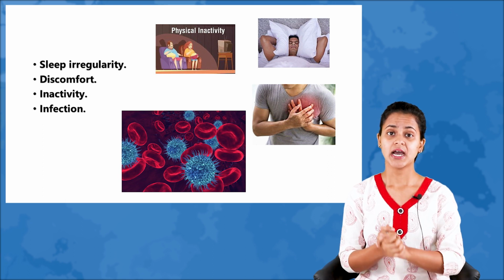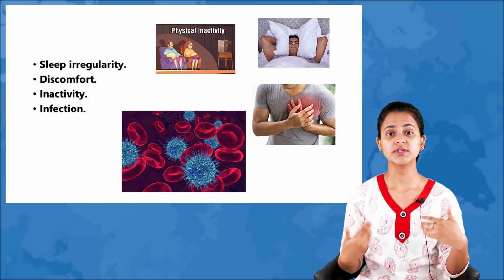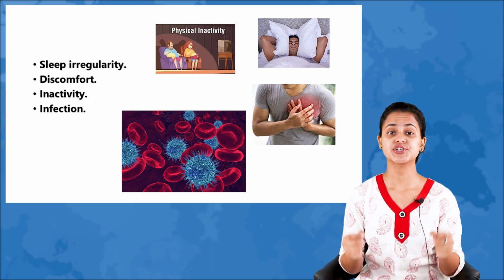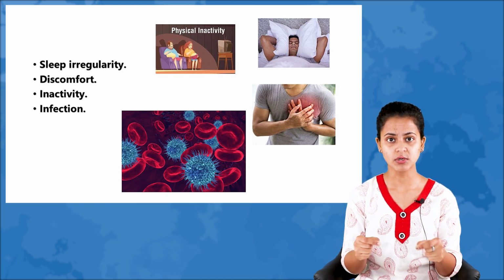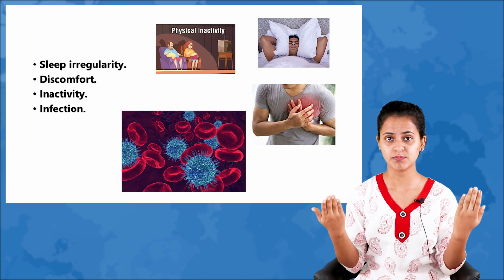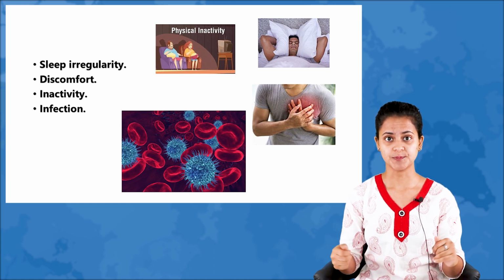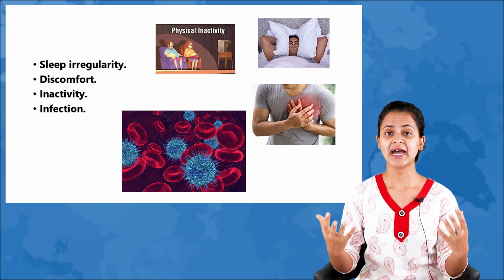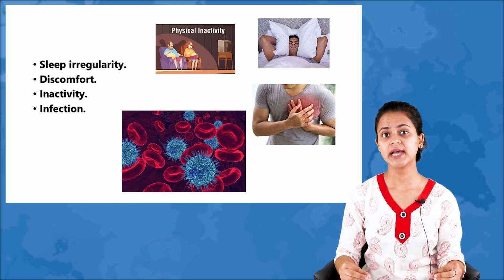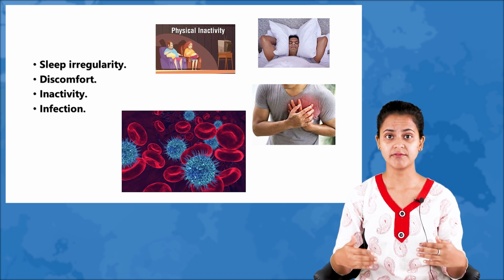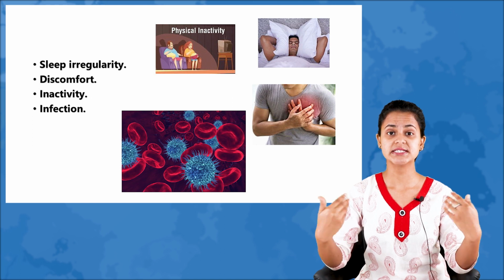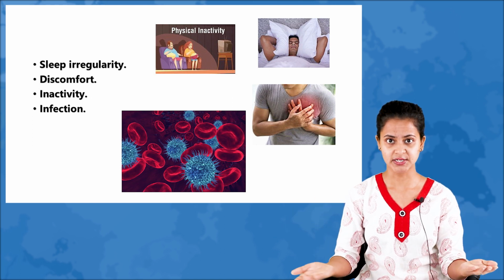The next problem, which is very major and important among the critical care patient, is infection. Almost always the client here will be immunocompromised, or will have a severely progressed disease condition.